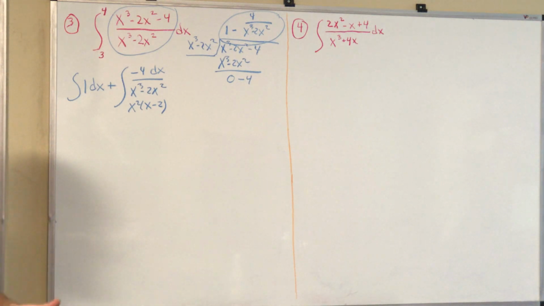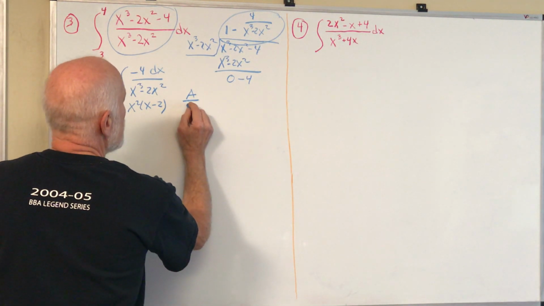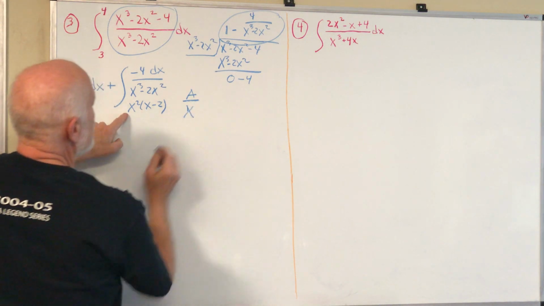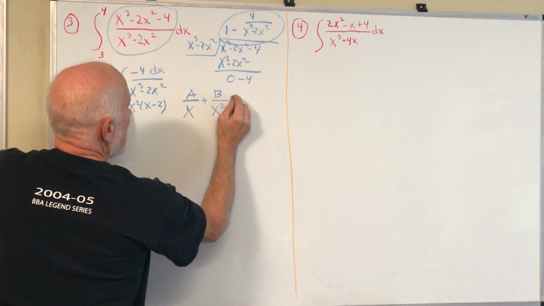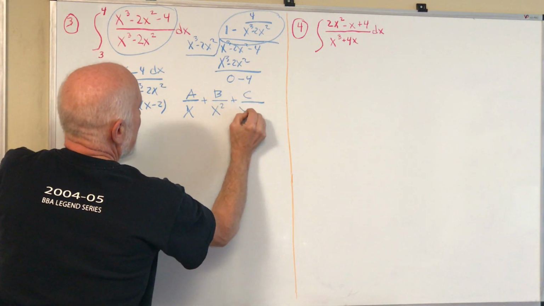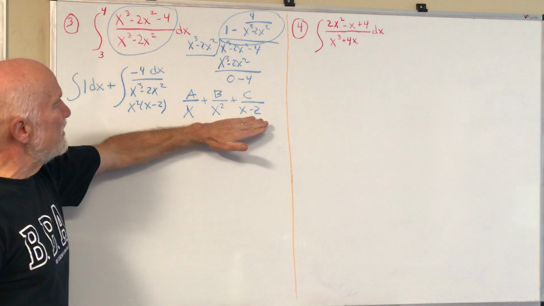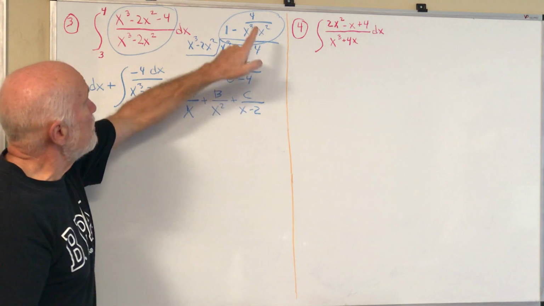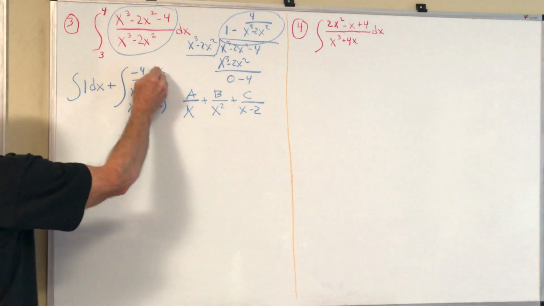Whenever you have a repeated linear factor like this, in order to give the algebra enough latitude to come up with the right answer, you've got to do A over x plus B over x squared plus C over x minus 2. That way the algebra has enough latitude that it can come up with an answer where this is going to equal the same thing that you started with, which is this.